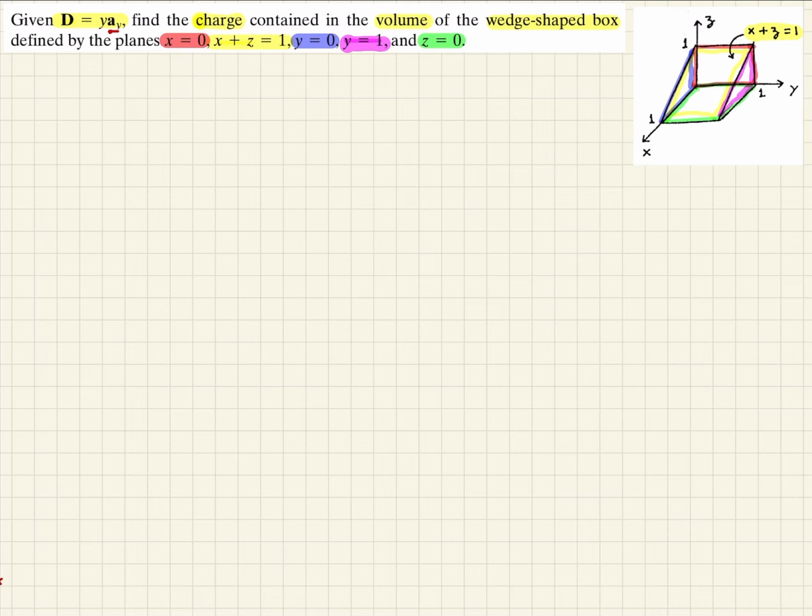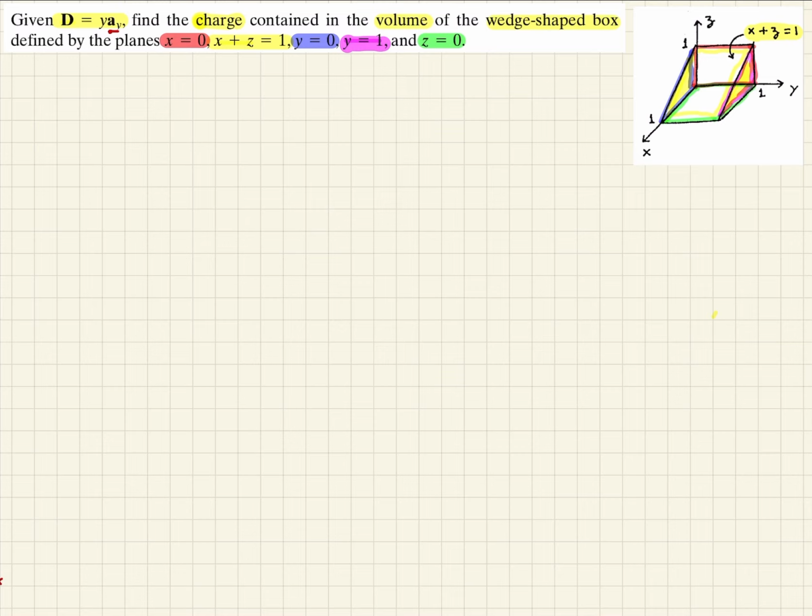So that means that the only planes that will have any impact to this at all are going to be the y planes. And so that's this plane and this plane here, the two triangle planes.